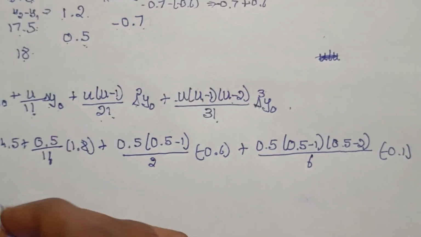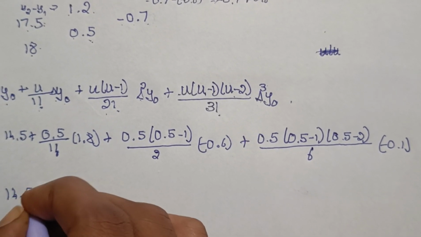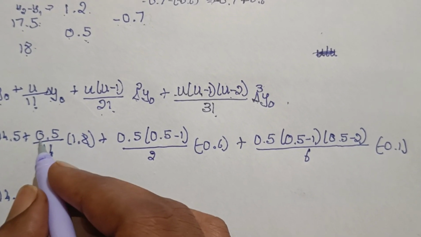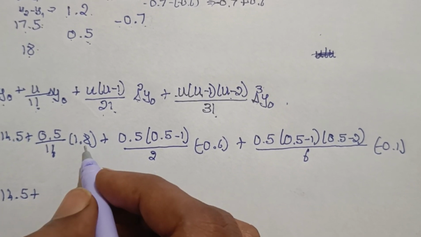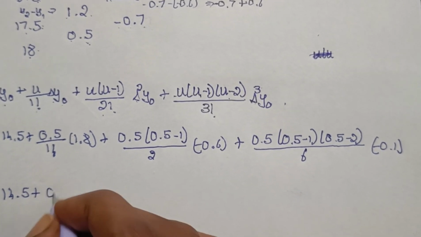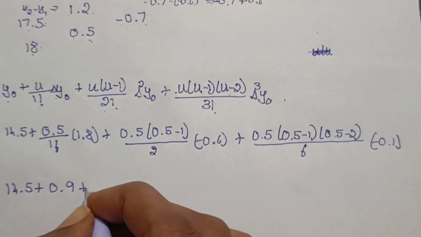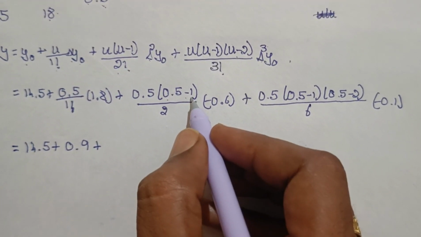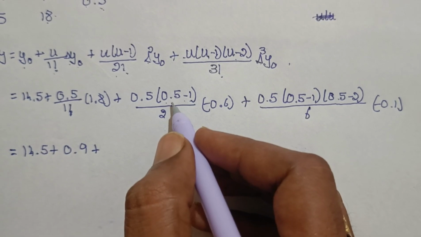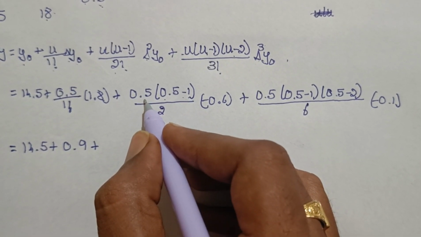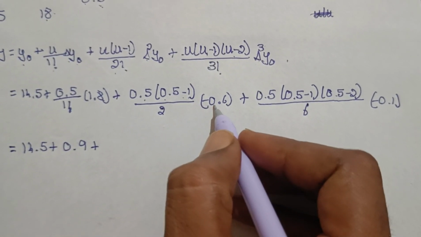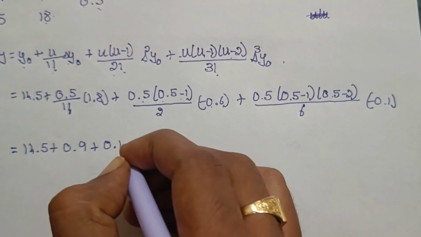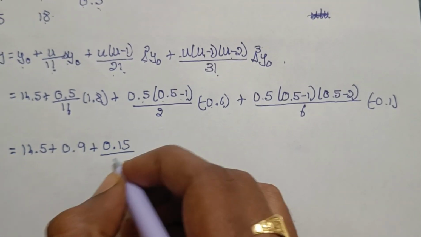Now 14.5 as it is plus 0.5 divided by 1 into 1.8. 0.5 into 1.8 we get the answer as 0.9. Plus 0.5 into 0.5 minus 1, that is minus 0.5, into minus 0.6, we get the answer as plus 0.15 divided by 2.